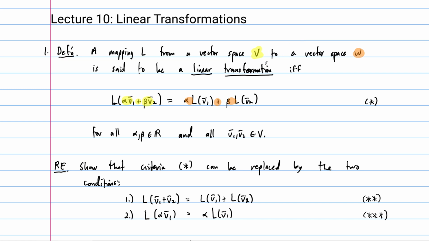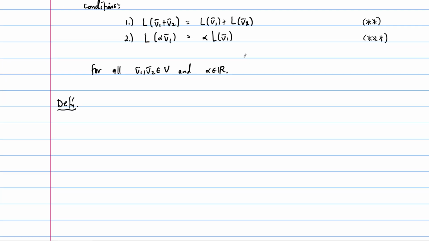But it's also possible that a linear transformation could map vectors in a vector space to other vectors in the same vector space. So the domain and the codomain could be the same space. All right, and so this is our definition here. If L maps V to V, so this is the notation we'll use for our linear transformations, L maps V to V, so a vector space to itself.